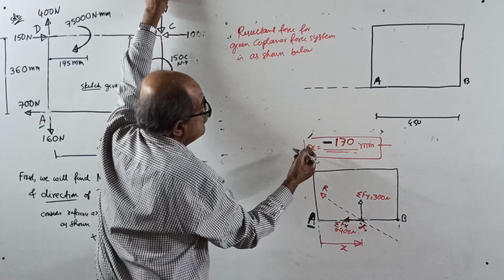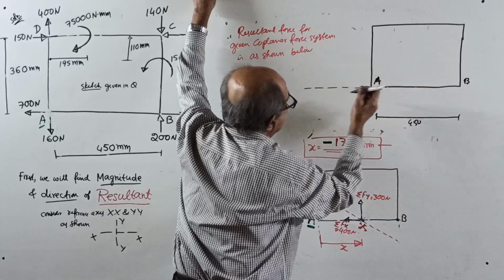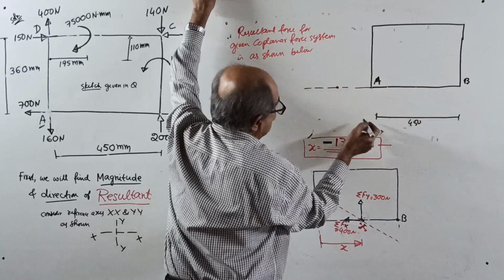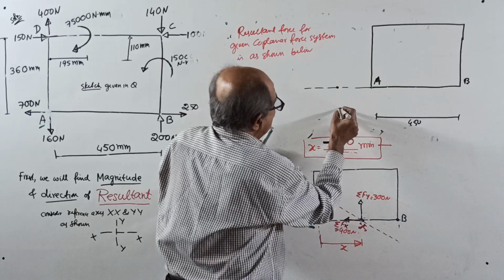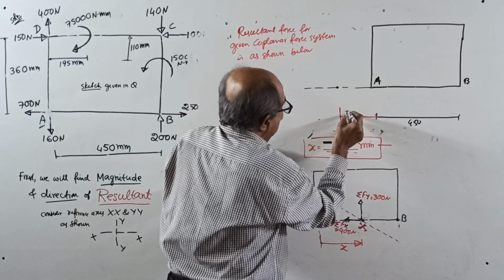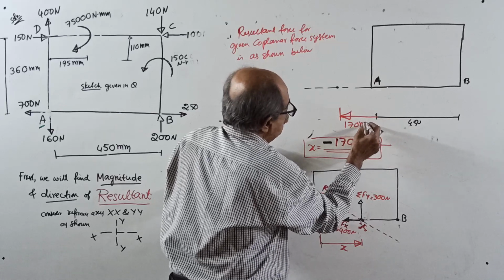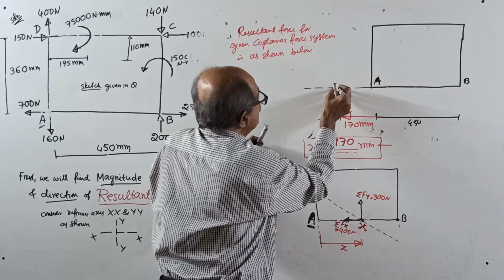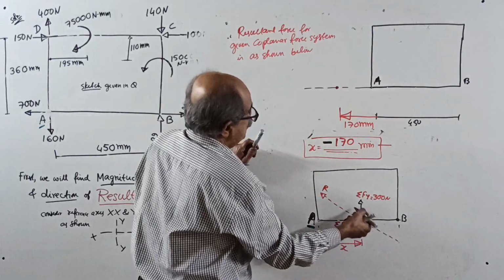How much? 170. So 450 half is 225. See, some respect to mathematics. From A, that point is here. This is the point. So the resultant passes this way.